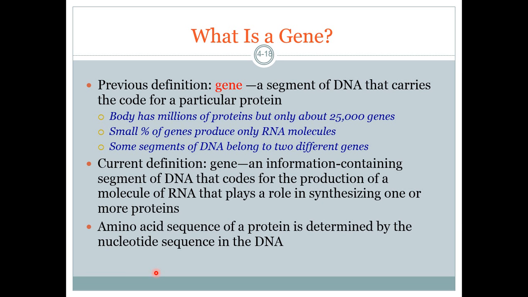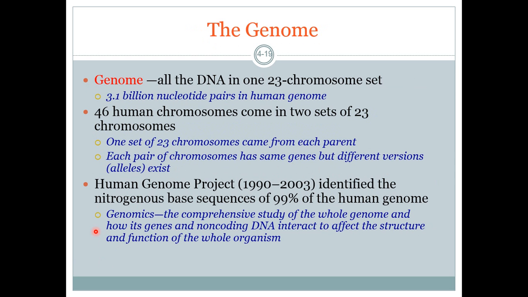Now, the 46 chromosomes come in two sets of 23, one set from each parent. All the DNA in one 23-chromosome set is called the genome.